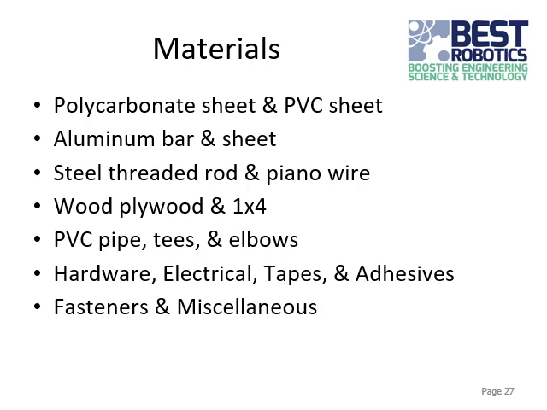There's some wood plywood and a wood 1x4. You also have some PVC materials in your kit, so there's some segments of PVC pipe along with some T's and elbow pieces. And then there's a whole bunch of hardware parts like hinges and brackets and things like that.